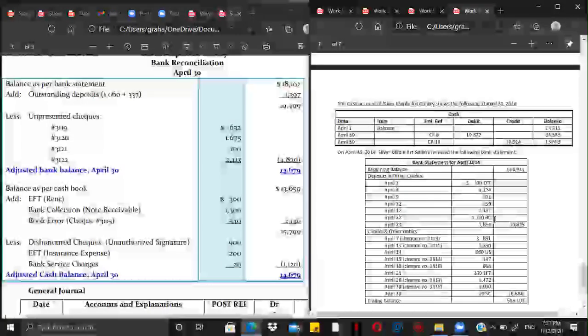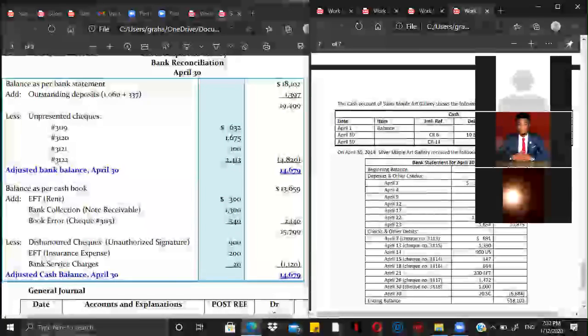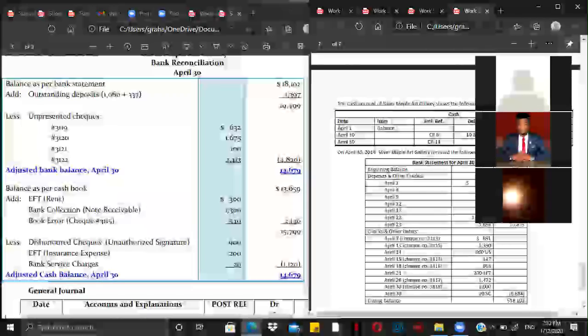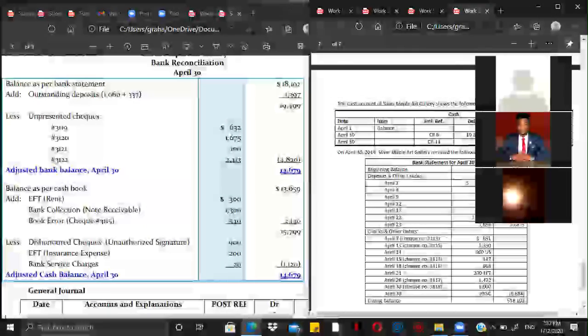And the last additional data: the correct amount for check number 315 is 1,390. Mistake: Silver Maple Art Gallery's accountant mistakenly recorded the check for 1,930.